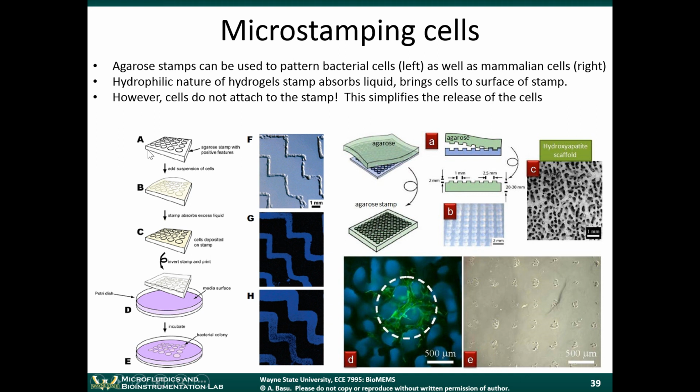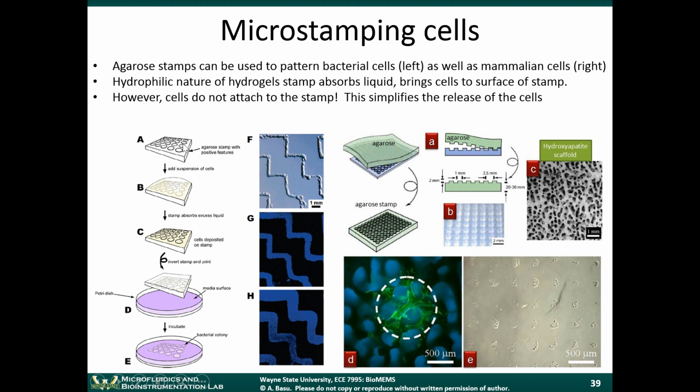So it's a porous hydrophilic material which soaks up water, like a sponge. These hydrogels can be used to pattern these types of cells because when they absorb the liquid, they bring the cells to the surface of the stamp. The liquids can go into the pores of the hydrogel, but the cells, because they're larger, can't go through the pores. So the cells are basically on the surface here.